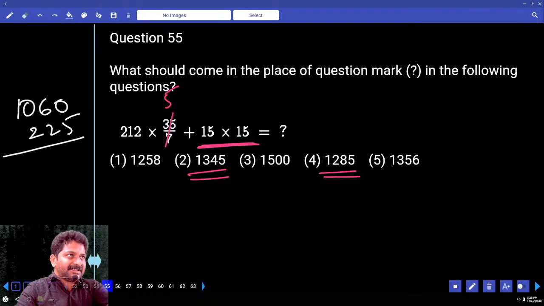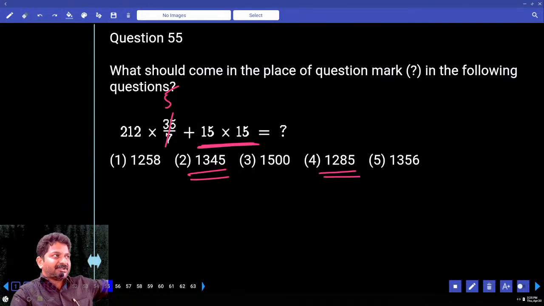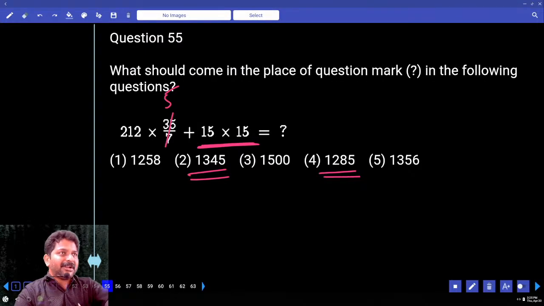So one 3 multiple added to a non-3 multiple, the answer must be a non-3 multiple. Among these two options ending with 5, if there is one 3 multiple and one non-3 multiple, we can identify our answer. But both options are non-3 multiples only. So you are forced to calculate.